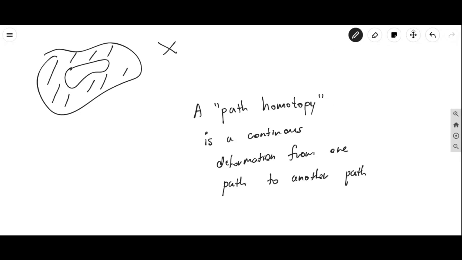This is your space, and the hole is not part of the space. And then you have 2 points, P and Q, and then you have a path. One of these paths is F, and you have another path over here. Maybe it does something like this, and that's G. So in this picture, you would say that F and G are not homotopic.